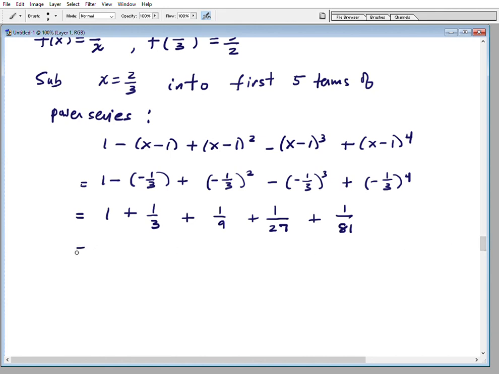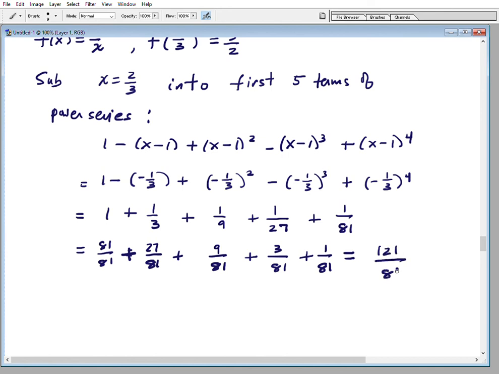So let's just add these up. This is 81 over 81 plus 27 over 81, that's 1/3, plus 9 over 81, and here we have 3 over 81. We get 121 over 81 if we add these numerators. So we want to compare 3/2, that's 1.5, and 121 over 81, let me just do that in my calculator.